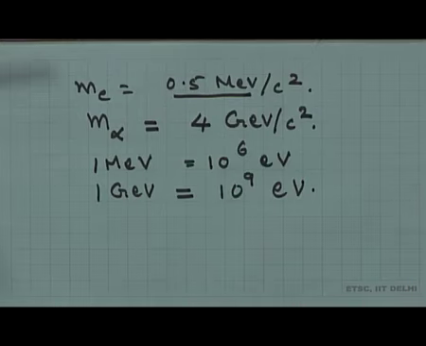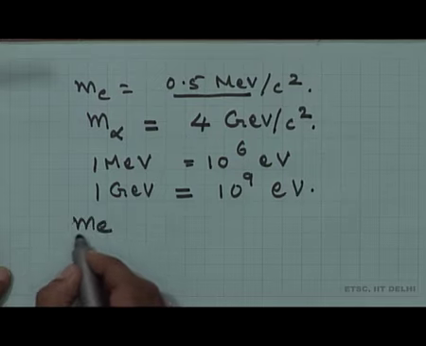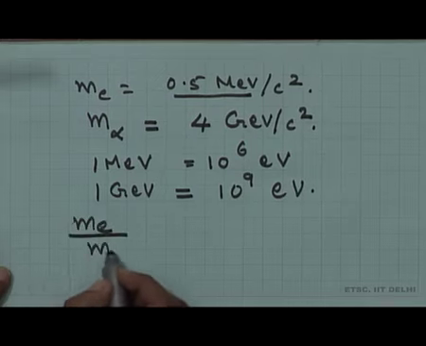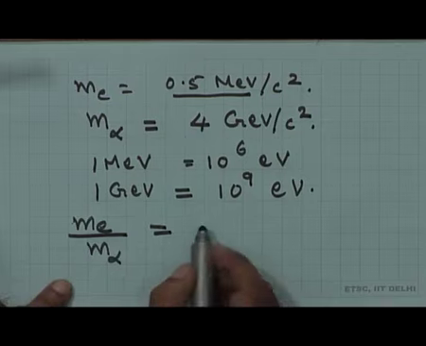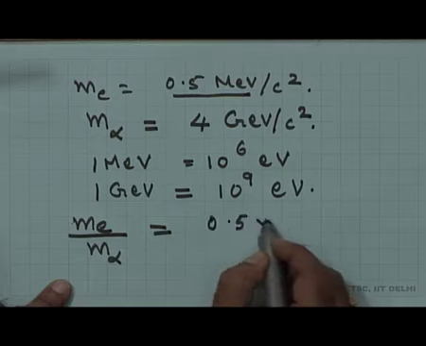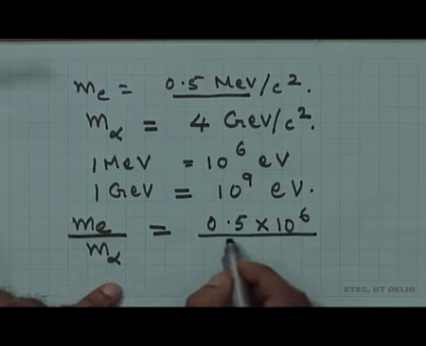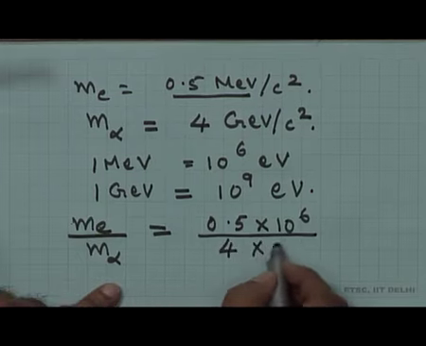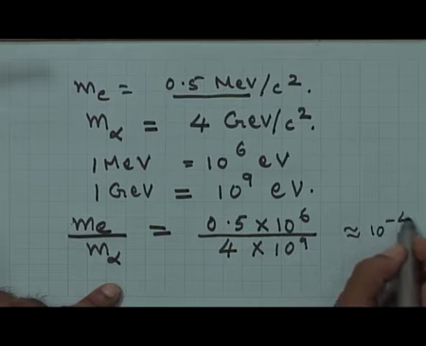So, what are we saying? We are saying that the ratio of the mass of the electron to the mass of the alpha particle is essentially 0.5 into 10 to the power of 6 divided by 4 into 10 to the power of 9, which is 10 to the power of minus 4, let us say.